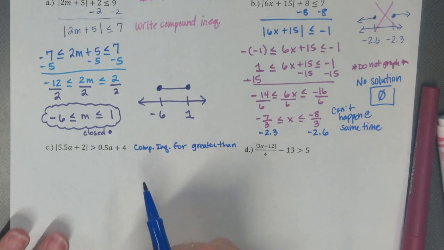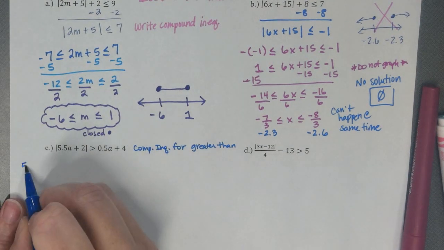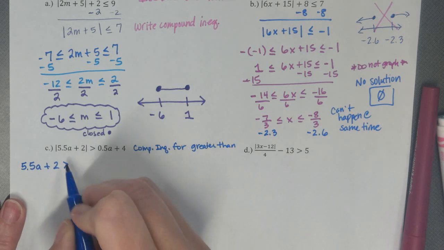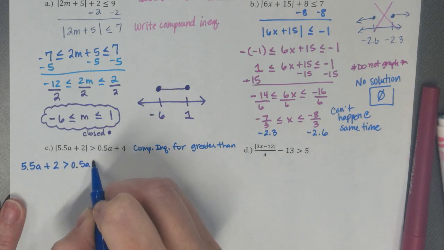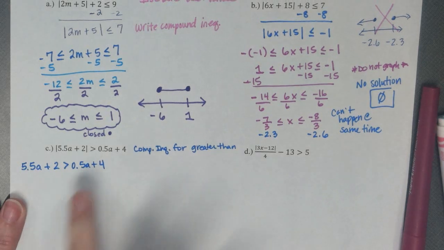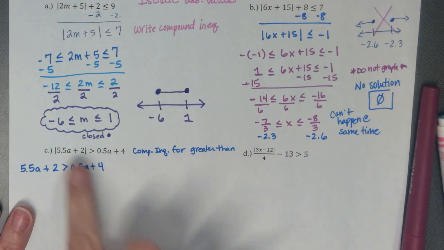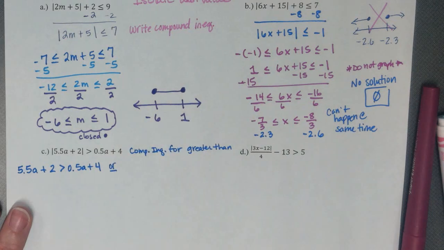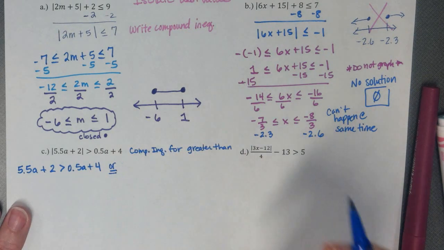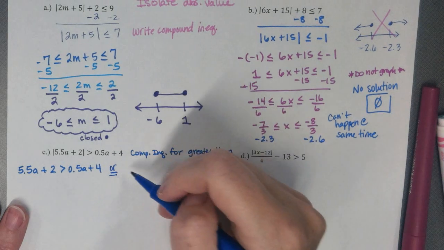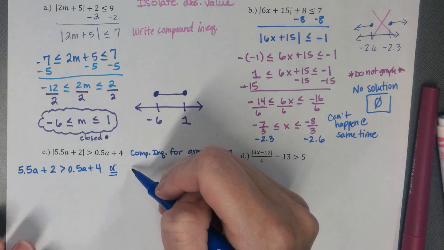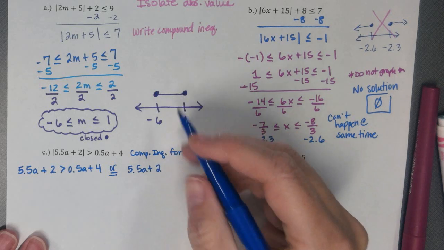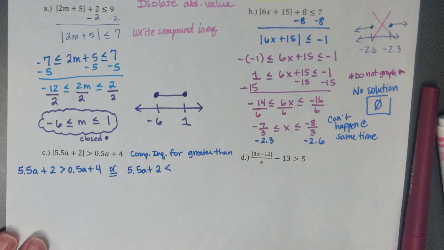So for this one, when you're writing the first one, it's just exactly as it looks. It's going to look just like that. The only thing you don't have is the absolute value. Then we have the "or." Now this time, when you're doing the opposite of C, this is going to be really similar to what we did yesterday.